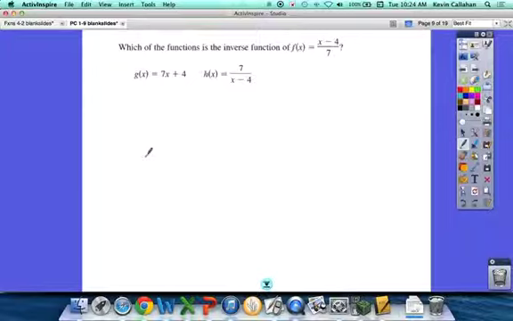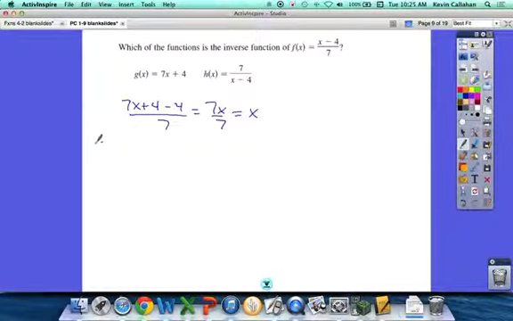Meaning, when we plug in this expression in the place of x there, which one of them, everything's going to cancel, and we're just going to get x. Let's do them one at a time. First, I'll put the 7x plus 4 in the place of that x, minus 4 over 7. So the 4's cancel, and then the 7's cancel, and you just get x.